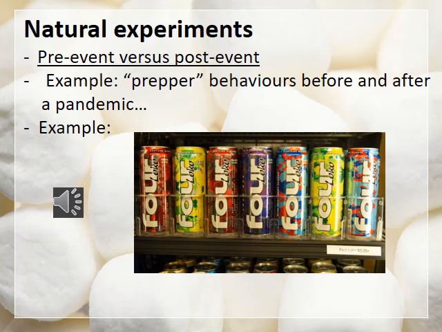That's an interesting subject to study. So it's another pre-event versus post-event. Let's say the event here is the pandemic. I cannot possibly create that experiment in a lab or in the field. I will not create a pandemic in the population to test the behaviors of people.